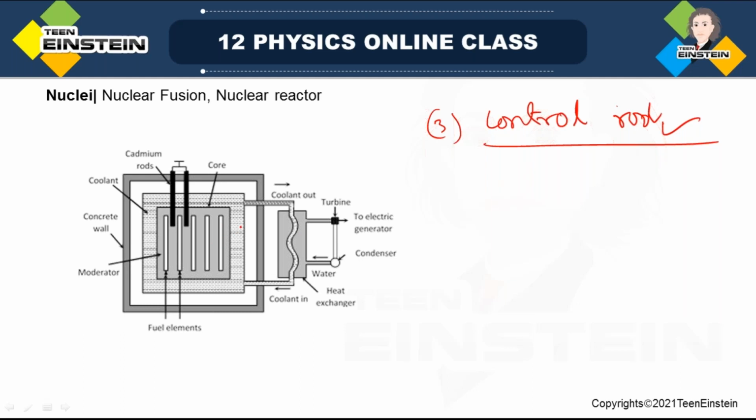That heat energy will be heating up the whole system or the core. That's why there should be a coolant. Generally, liquid sodium or heavy water can be used as coolant. The role of the coolant is to make the reactor cool.